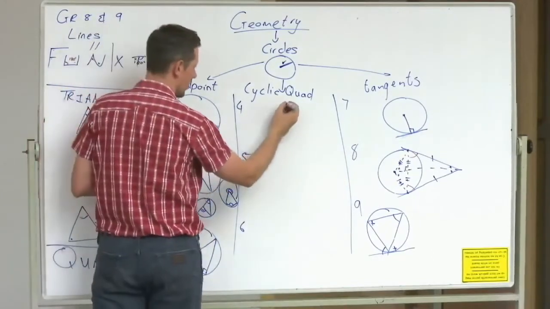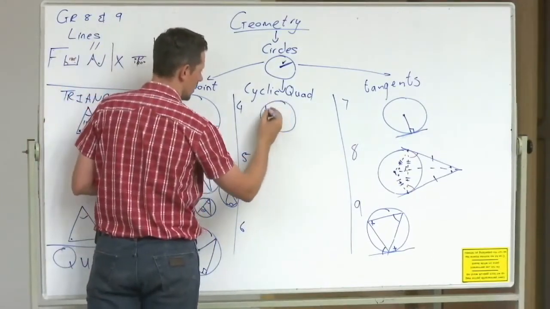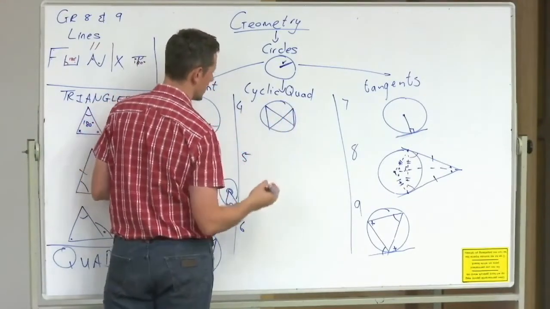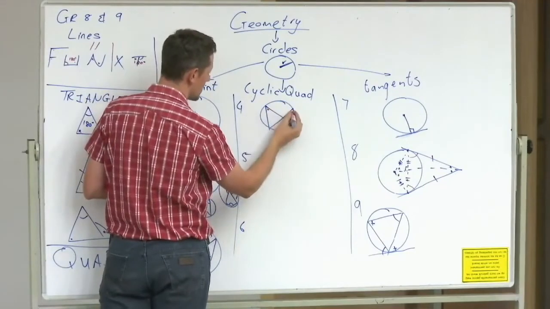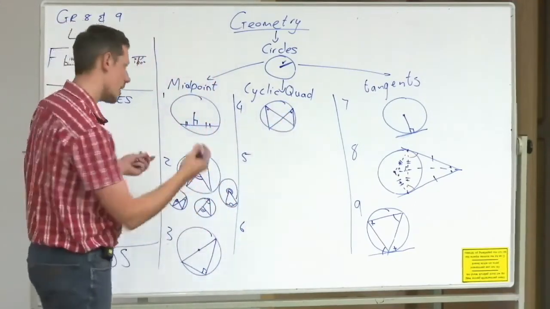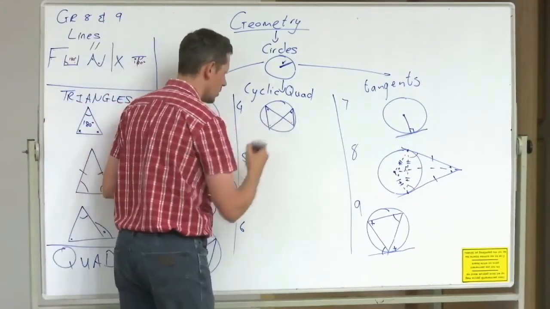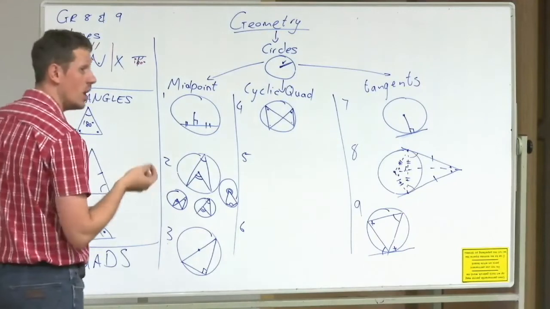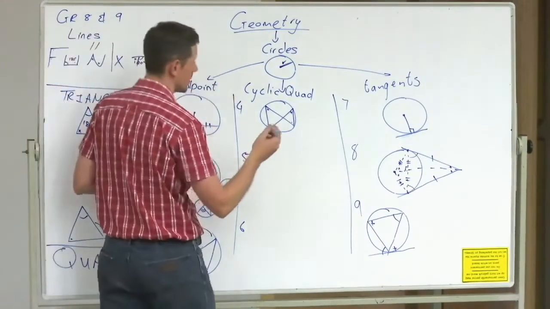So theorem 4 says, some call it the butterfly, some call it the bow tie. The angles in the same circle segment are equal. Same at the bottom, those two are equal. Be careful, there's a corollary, a special case of this theorem that you guys forget about.